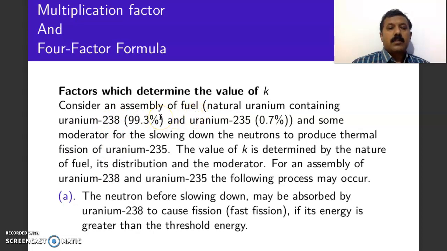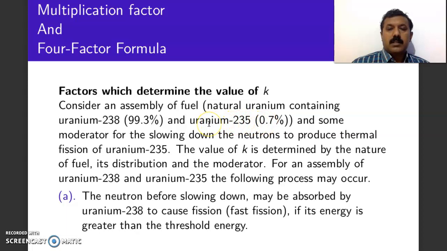Suppose we have an assembly of uranium-238 and uranium-235, which together is called natural uranium. In the assembly, there will be 99.3% of uranium-238 and 0.7% of uranium-235.